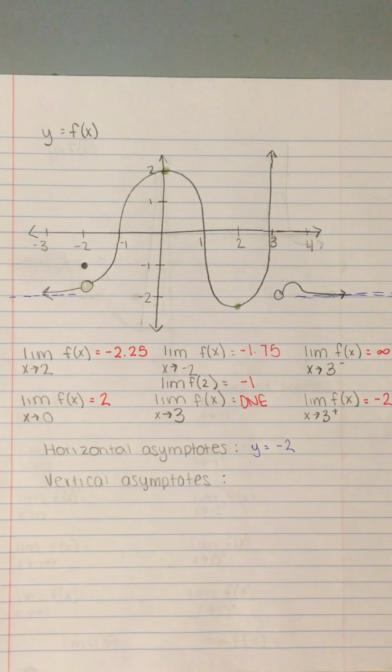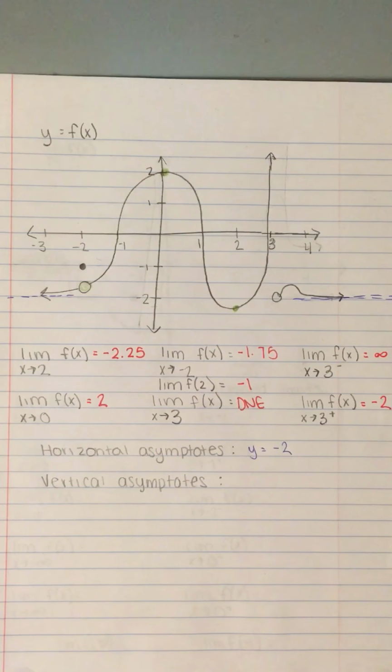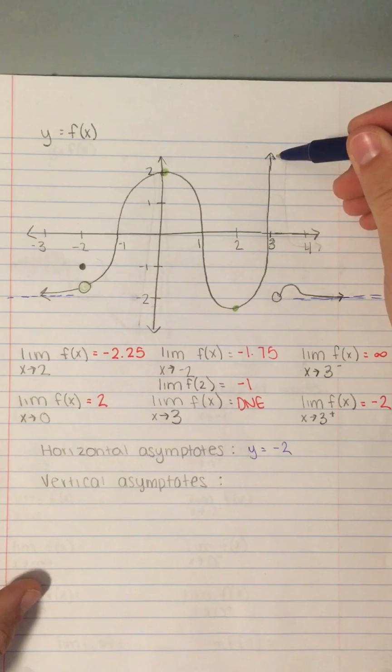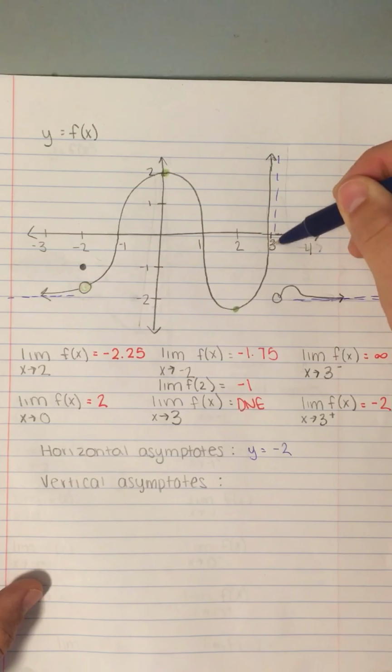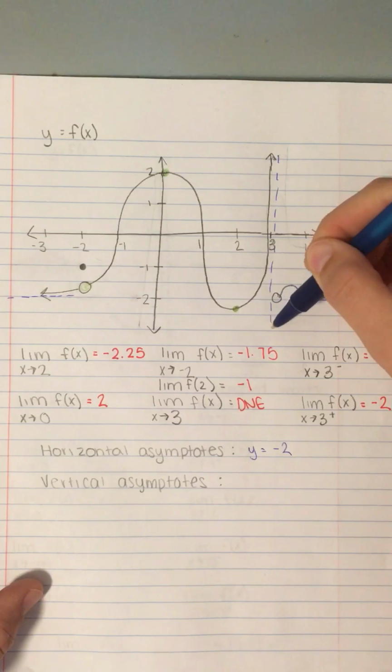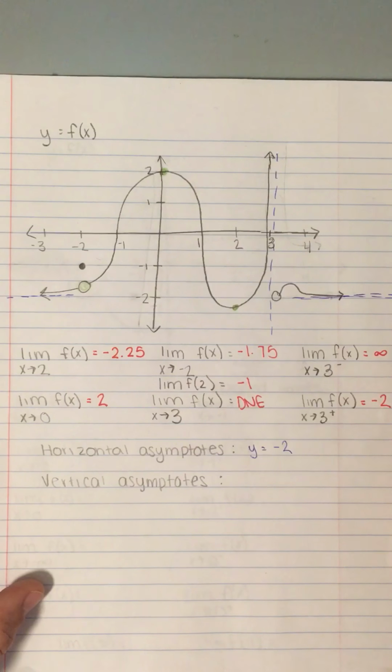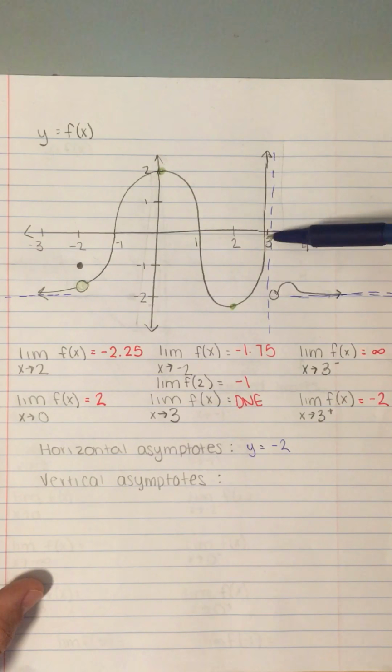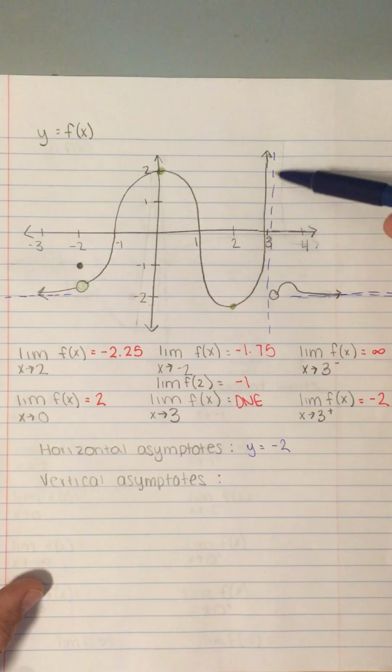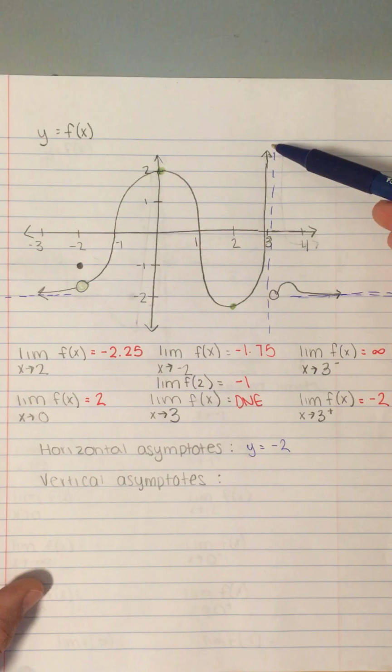Now, vertical asymptotes cannot be crossed over. So you won't see it crossed over whatsoever because of the vertical lines. So there's an imaginary line here at x equals 3. As you can see, it doesn't cross over. At x equals 3, the function is approaching from the left-hand side.